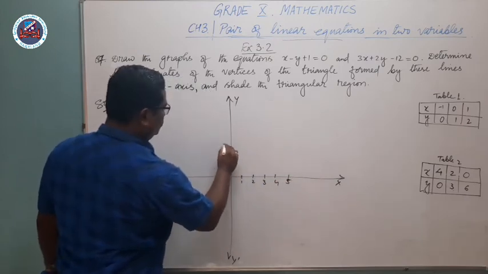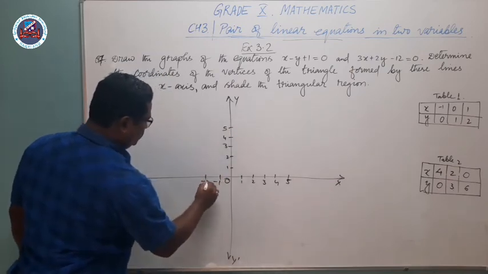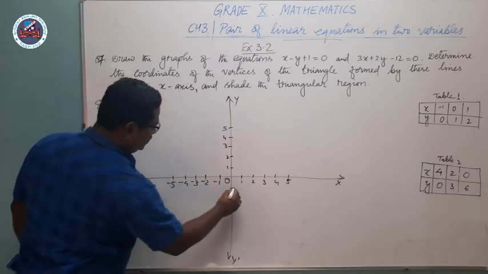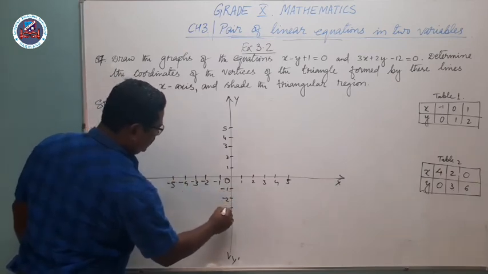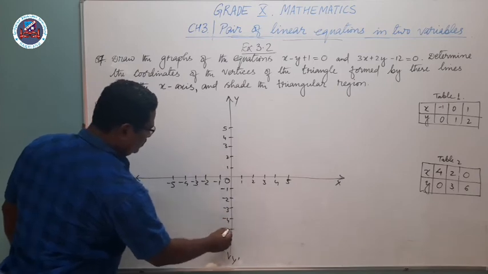Also minus 1, minus 2, minus 3, minus 4, minus 5 and so on, on both axes.